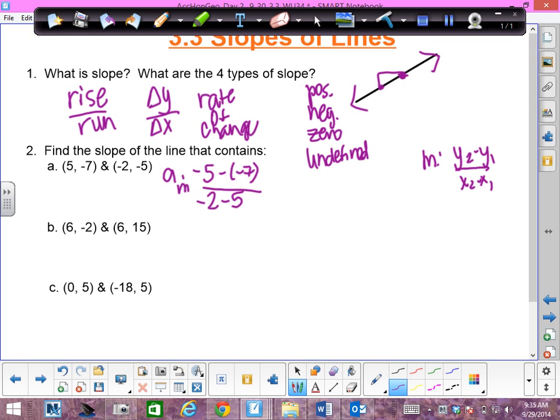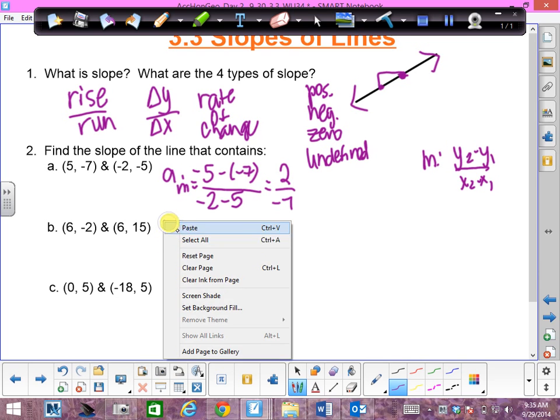Negative 5 minus negative 7, we have to remember minus a negative is a positive, so that's 2 over negative 7. So the slope is negative 2/7, which means the line is going to fall to the right. So it has negative slope.